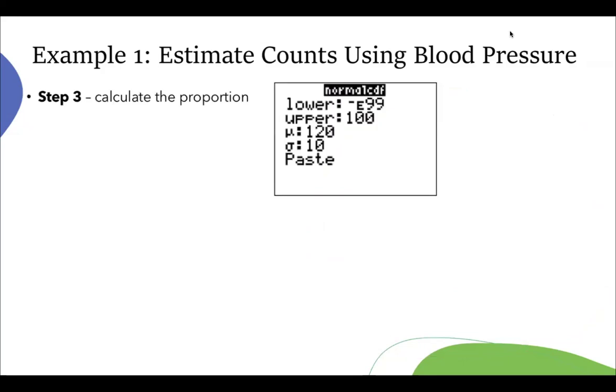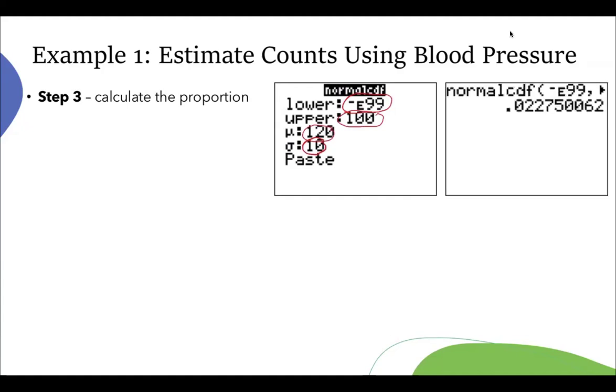So we go to the calculator, and since the area that we're trying to figure out the proportion for is area to the left, our lower bound is negative E99, and the upper bound is the blood pressure that was given, 100. So we use the mean and the standard deviation that was provided to us, and we get our proportion, 0.02275. Let's bump that 5 up, that 7 to an 8, and 0.0228.